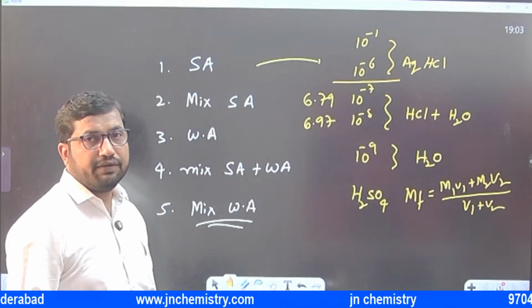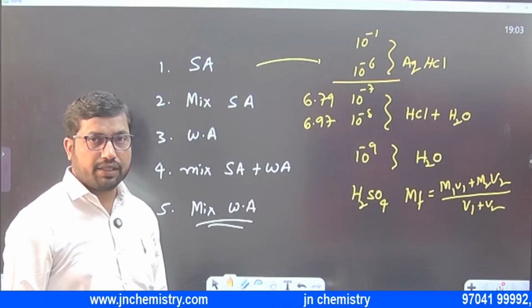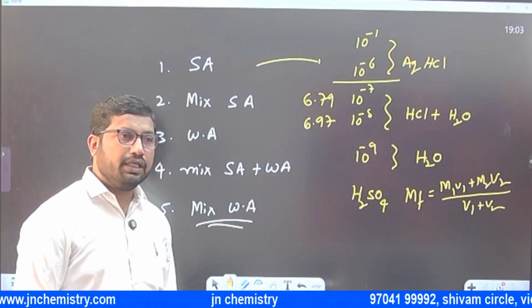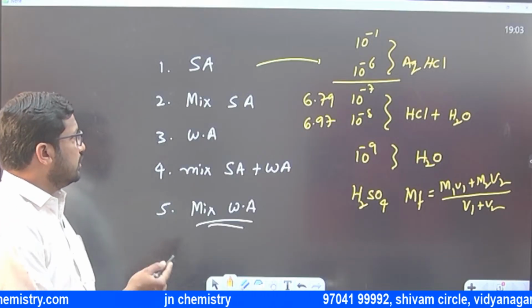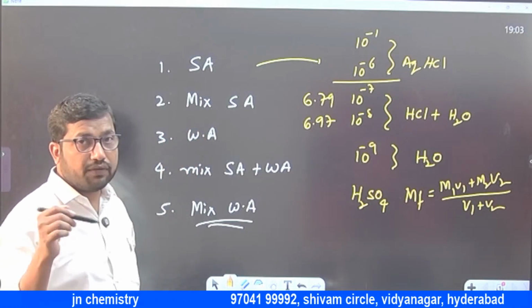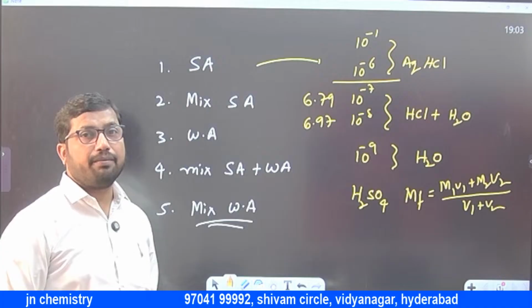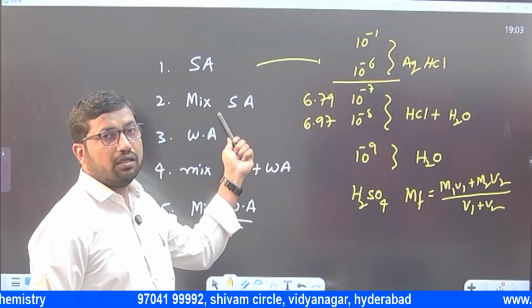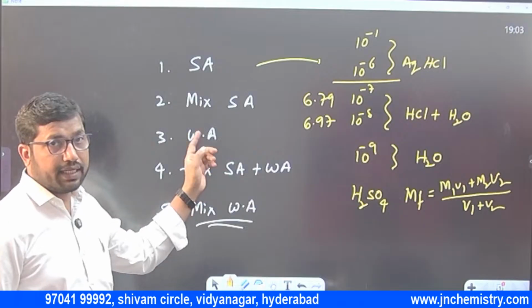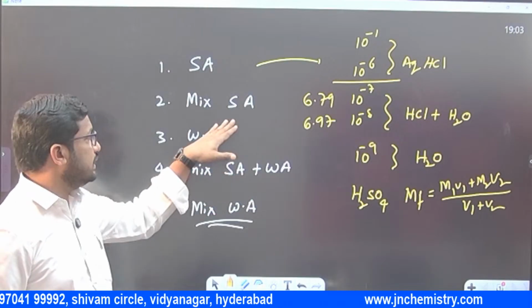Otherwise, if they are giving different acids, to avoid the confusion, you can take the normality, (N1V1 plus N2V2) by (V1 plus V2). So that I already told you in case of mixture of strong acids. And in mixture of strong acids, I told you one more important point, right?